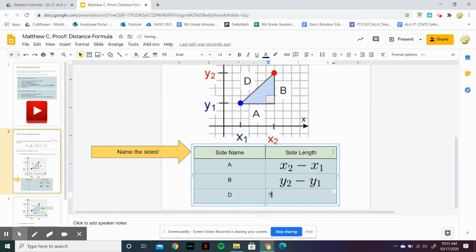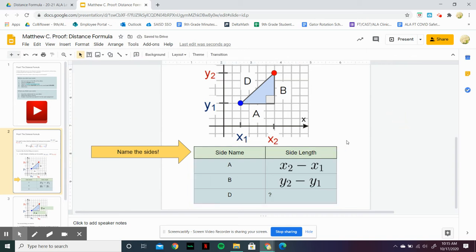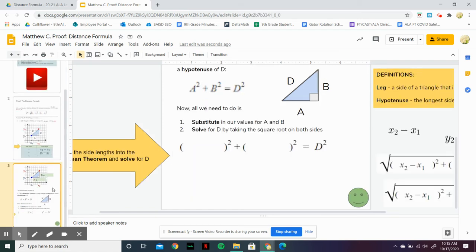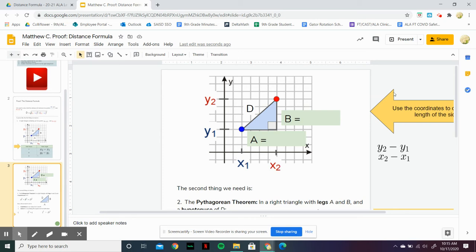We don't actually know what the side length of d is. That's what we're going to solve for. But now we have the first thing that we need to complete this proof. So here we are again with our right triangle, and we know that side B is equal to y2 minus y1, whatever those values are, and side A is equal to x2 minus x1.